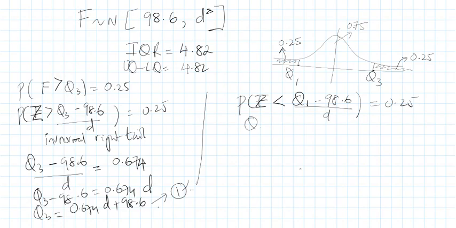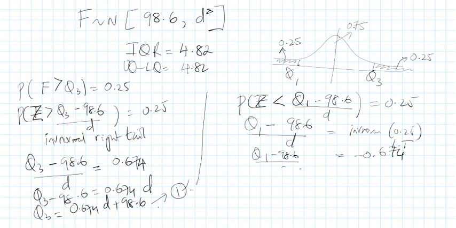So Q1 will be a similar process. This standardized value is actually inverse normal of 0.25, but a left tail. That Q1 minus 98.6 over D should give me minus 0.674. If I simplify, Q1 is minus 0.674 D plus 98.6.